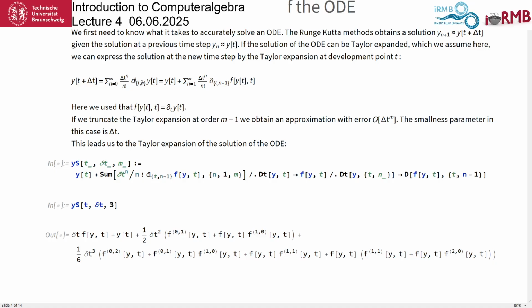Okay, so very, very general. Now we use our knowledge of the ordinary differential equation, because we know that the first time derivative of y is this function f. So this is the sort of equation that we can solve for.